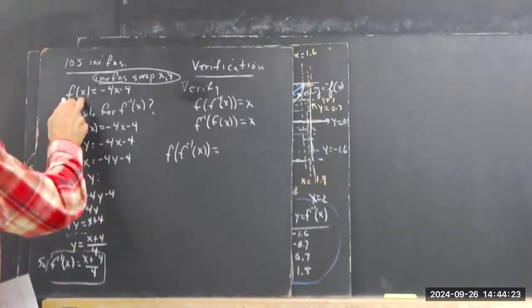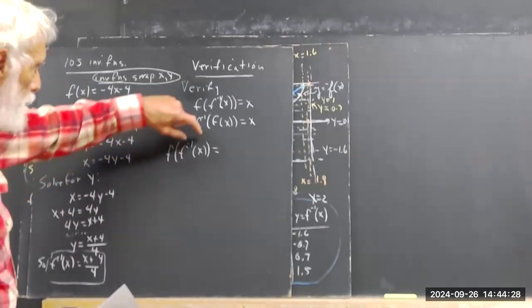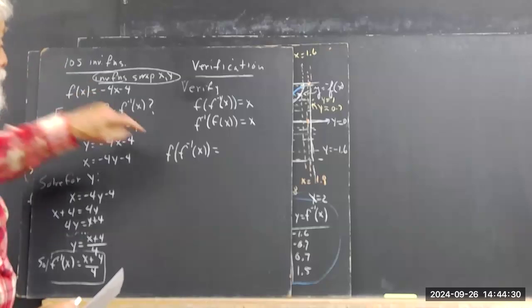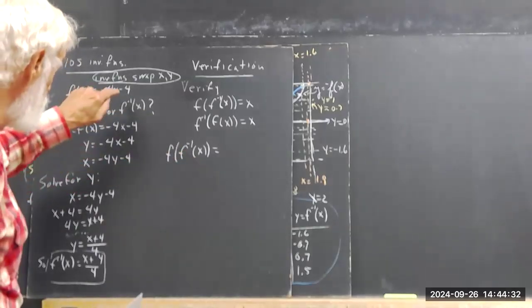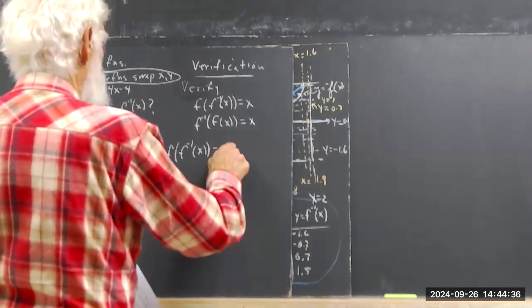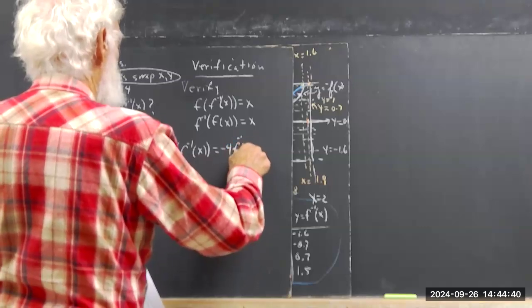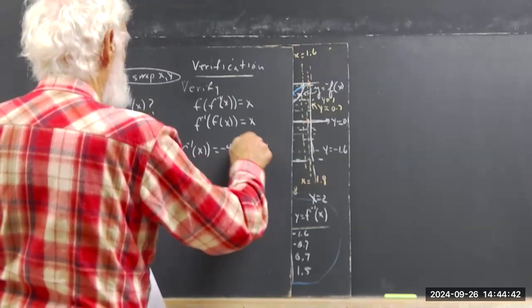Well, f of x is negative 4x minus 4. Now we've got f of f inverse of x, so x has been replaced by f inverse of x. So we're going to replace this x by f inverse of x, and it's negative 4 f inverse of x minus 4.